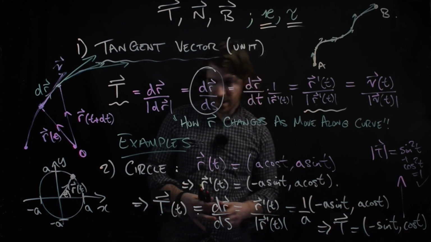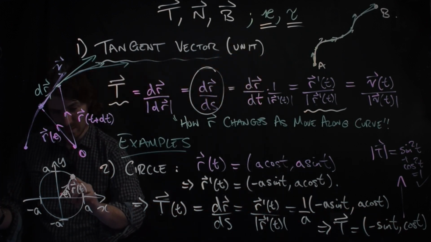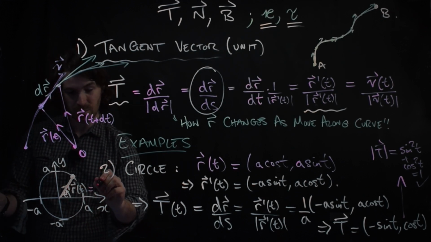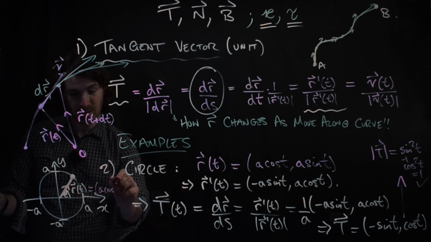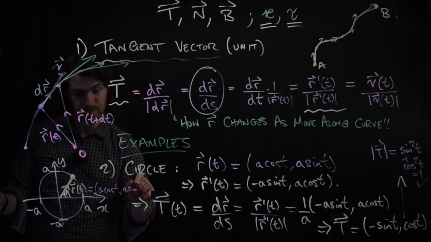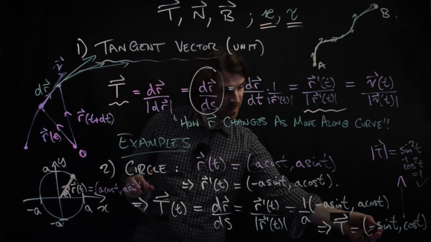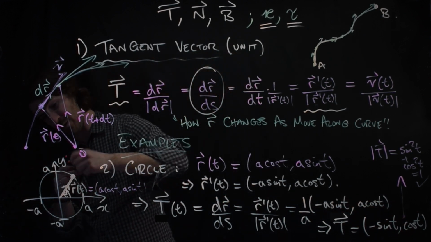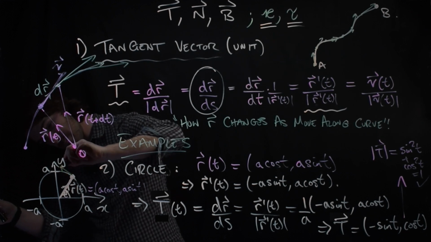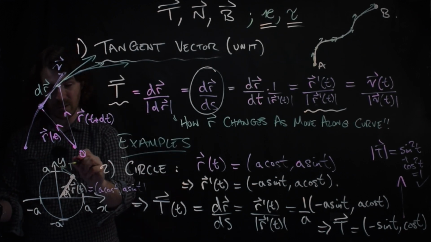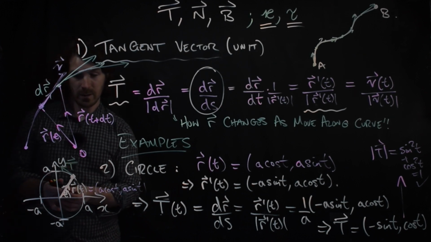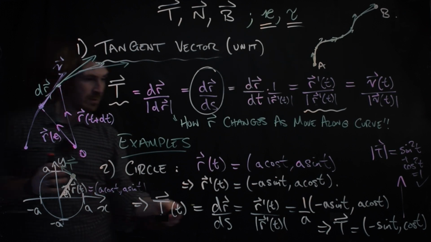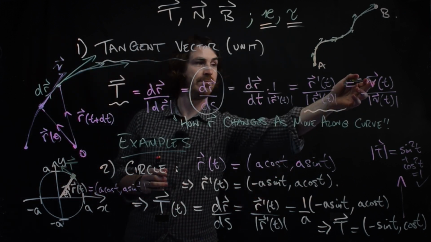In which direction does that point? Well, if r is a cosine t, a sine t, then minus sine t, cosine t points in a direction that's perpendicular to it, this way. So this is the tangent vector t. It points in the direction of the velocity, as we said, since r prime t is just the velocity v.